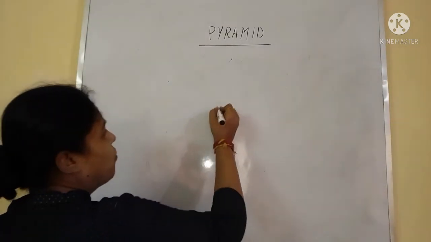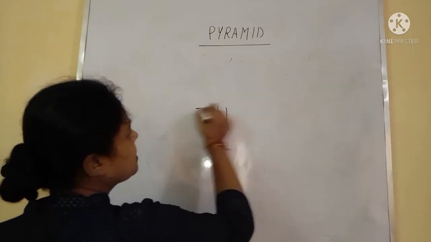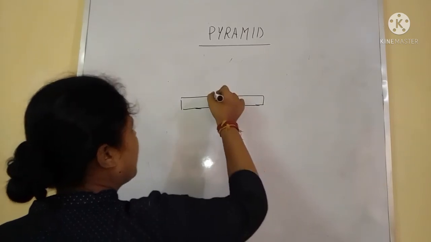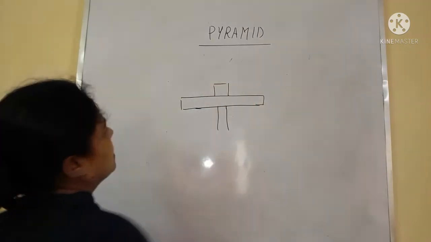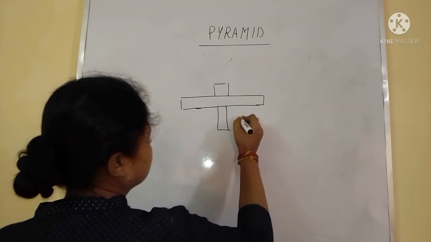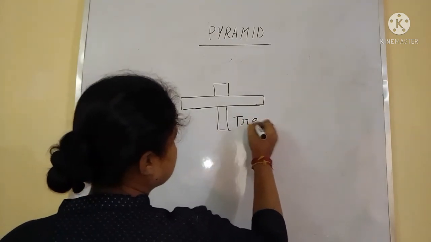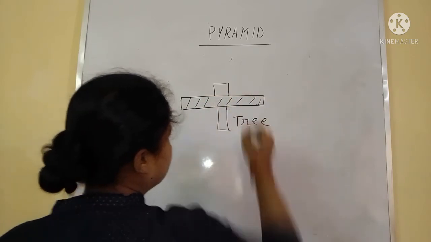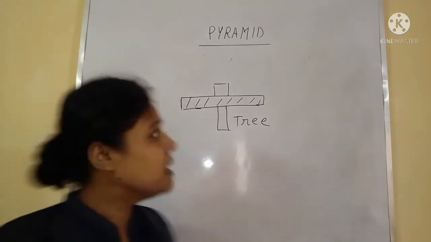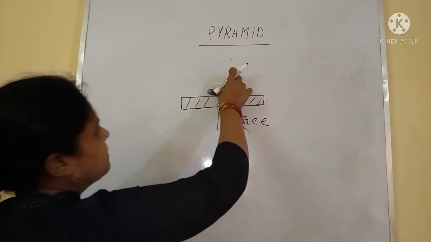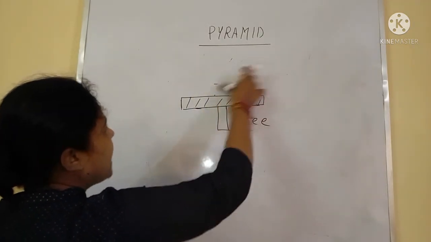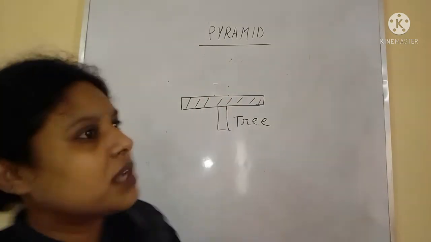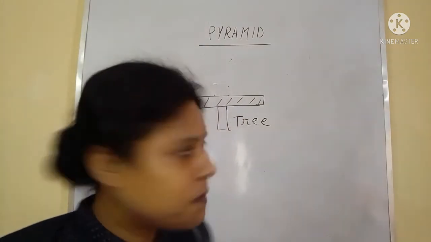Like that, there is one tree, and this is the place of different animals, and all the animals are dependent on the energy production of the tree.